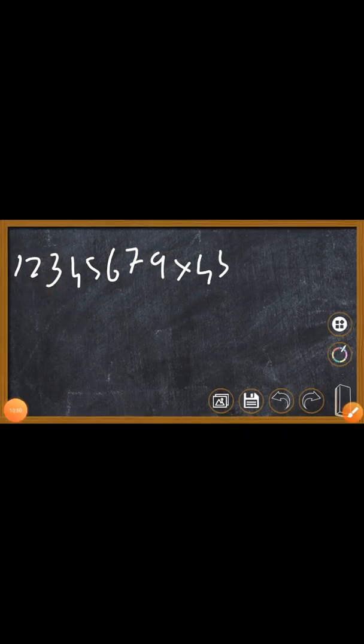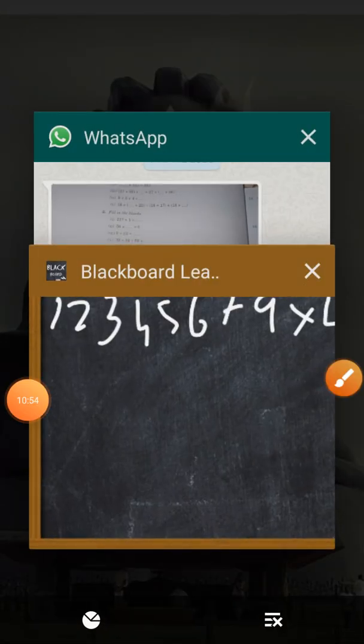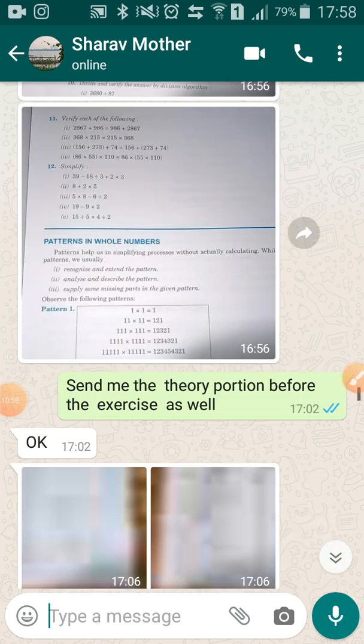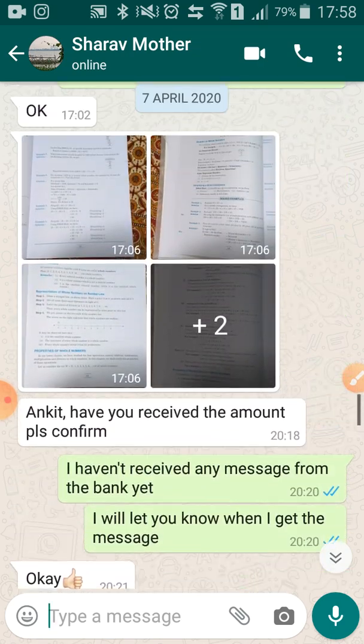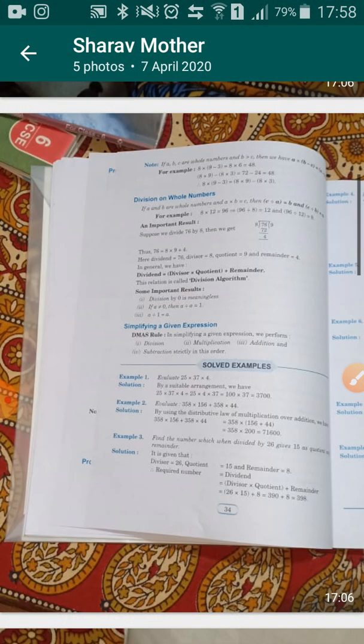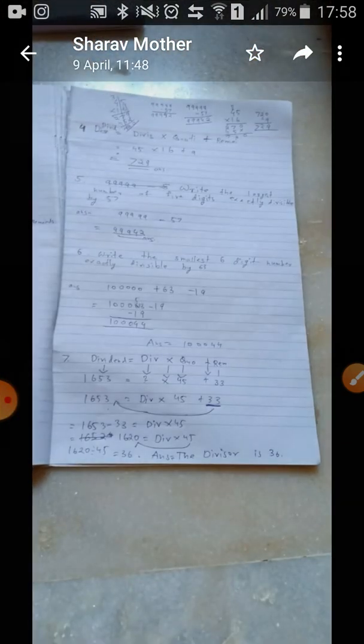Yes, into 45 is equal to, yes, let's get back to the sum once again. Yes, so now let's look at the right hand side.